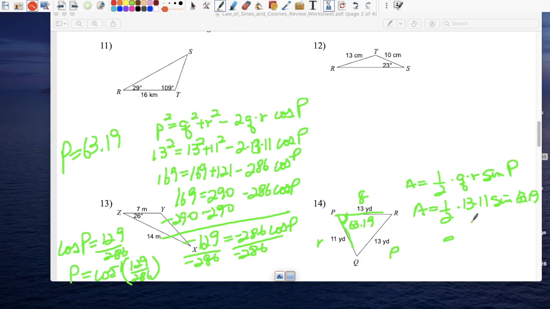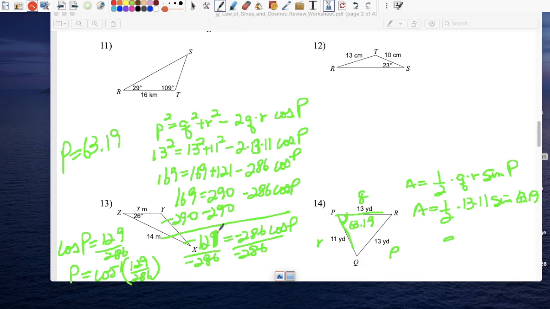I get 63.19. Okay. Did I do everything correctly on this side? 290. Oh, this should be 121. There's the reason. It's 121.